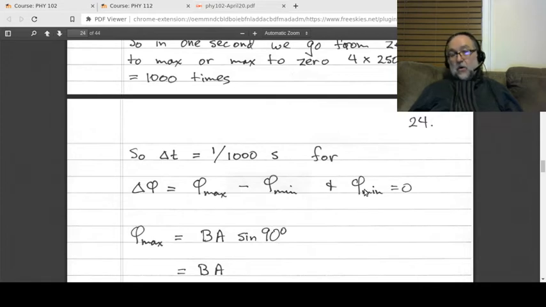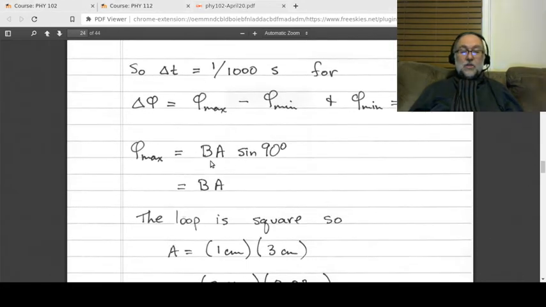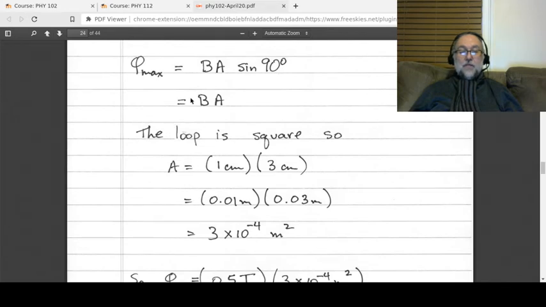And our delta phi is from our maximum to the minimum. The minimum is 0, because when theta is equal to 0, sine of 0 is 0, so the minimum flux is 0. The maximum flux happens at 90 degrees, so that's just your magnetic field times A times sine of 90 degrees, which is 1. The magnetic field, I told you, was 500 milliteslas, or 0.5 teslas, and the area is the area of the loop.